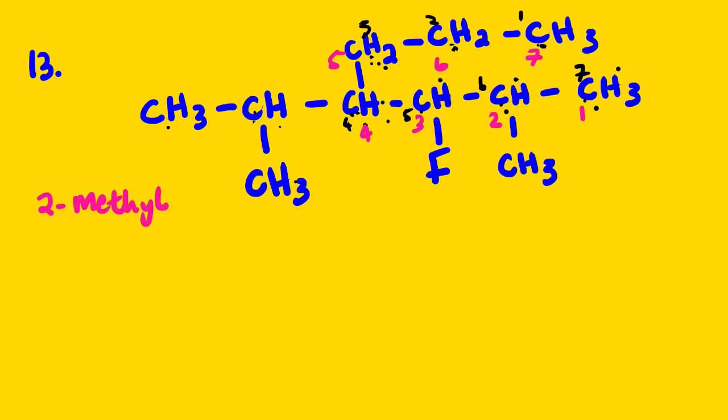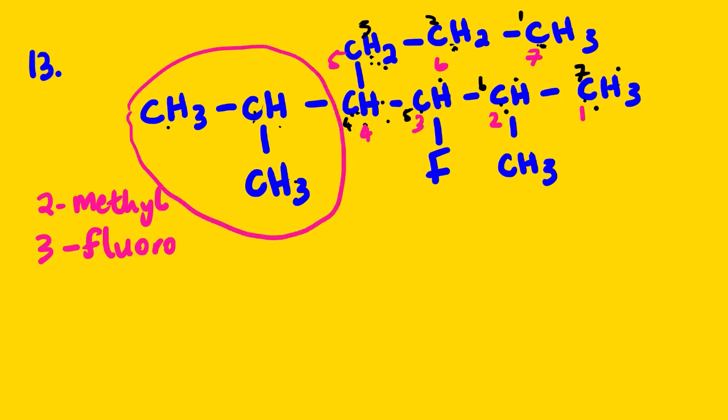And then on carbon number 3, we have the halogen. And then on carbon number 4, this is actually a substituent. You can see what it is.